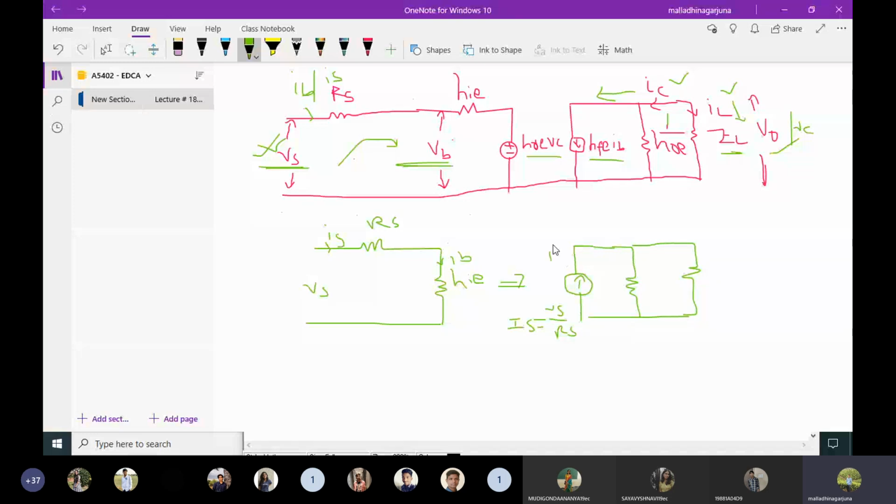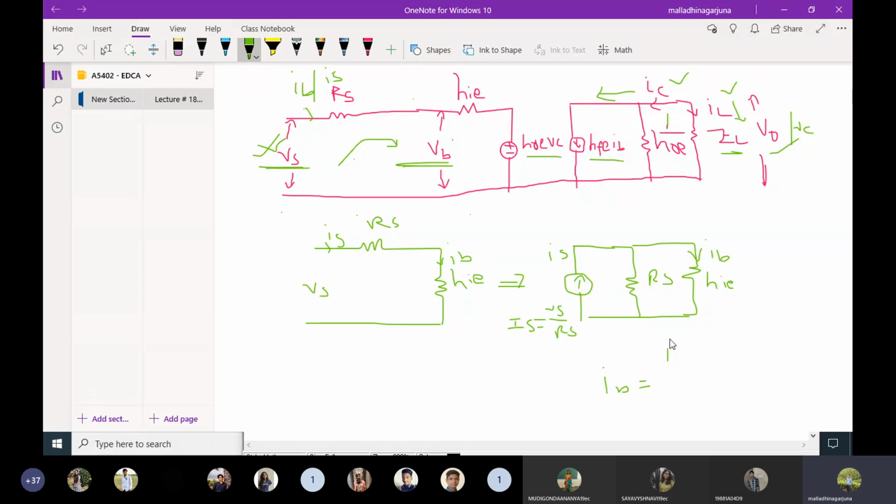Okay, so this is Is here, this is Rs, this is Ib, the current previously flowing through the Hie. Now from this, apply the current division rule.